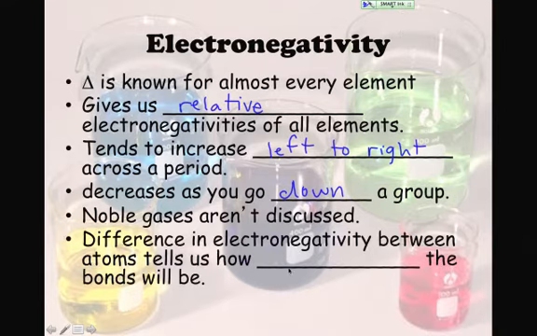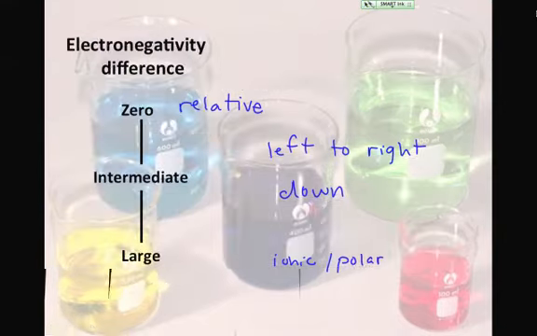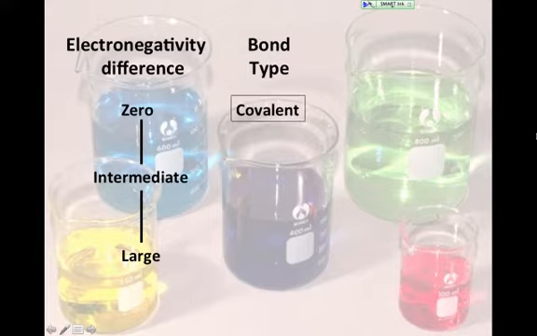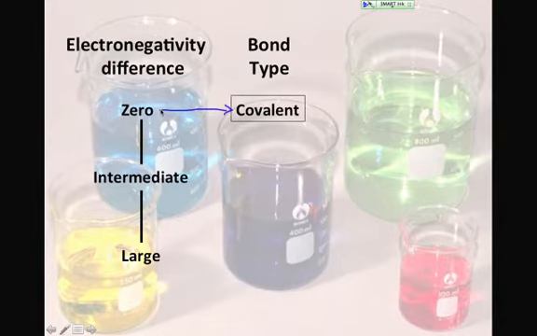The difference in electronegativity between atoms tells us just how ionic or polar the bond is going to be. We can measure on a sliding scale how much ionic character a bond has. So if your difference in electronegativity is 0, then the bond type would be considered perfectly covalent. 0 means they're both equally electronegative.